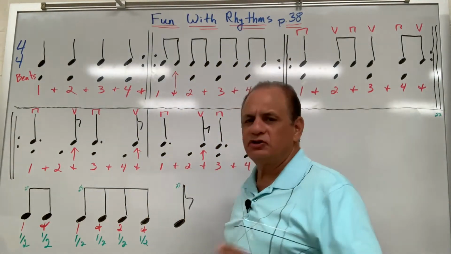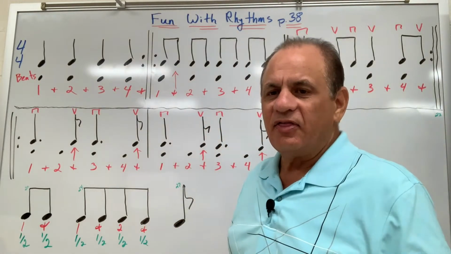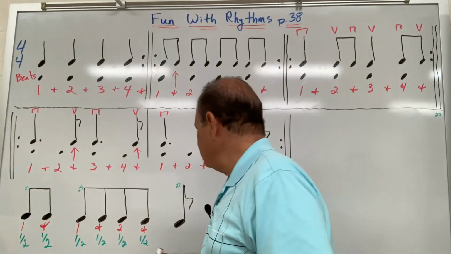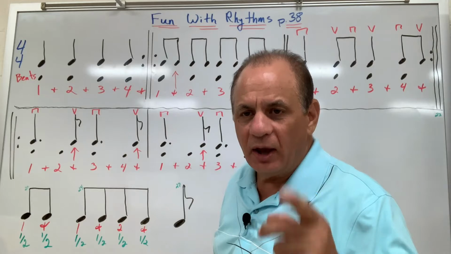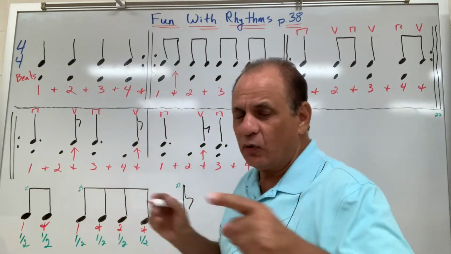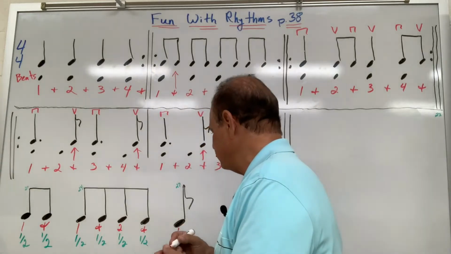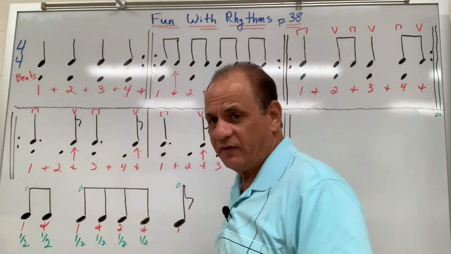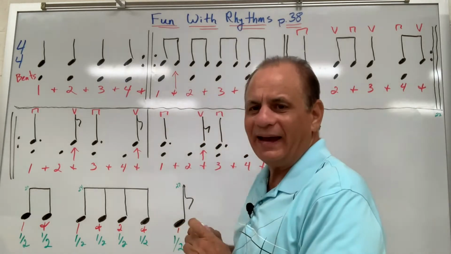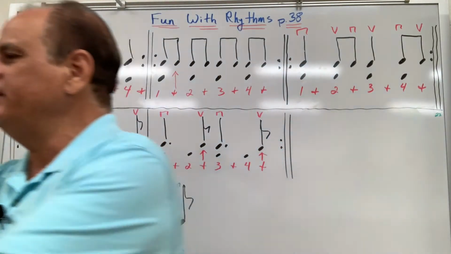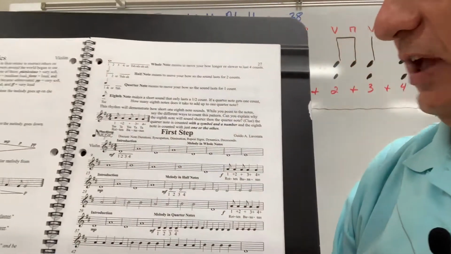Then we learned how to count eighth notes all by themselves. We learned that an eighth note by itself can either get a number or an and, either one. And of course, it only gets half of a count. So we learned how to count an eighth note by itself on page 27 in the song First Step.